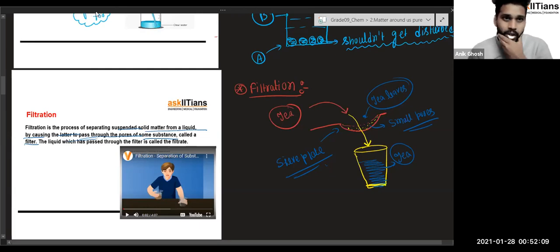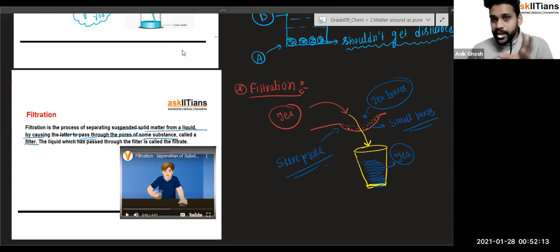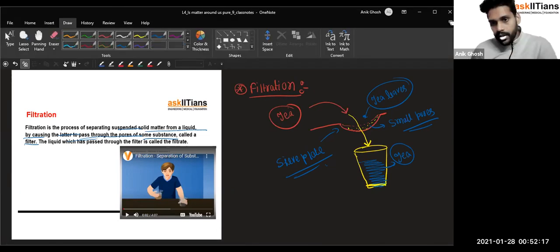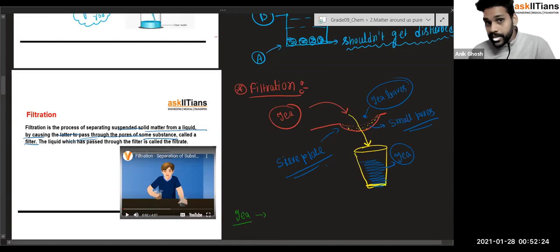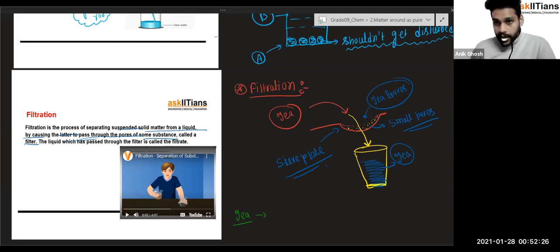So as I told you, while we are dealing with the tea, when you are taking out the tea, it is there in your glass, which goes through the sieve plate, which goes through the filter. That is called the filtrate.